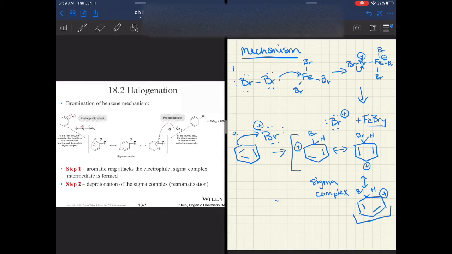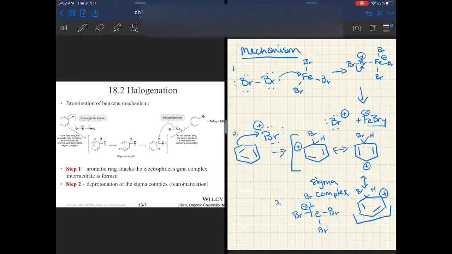Then the final step here, to regain aromaticity, something needs to grab the proton on the carbon with the bromine. In this case, what is going to act as your base is your FeBr4 minus. And it has a negative charge.